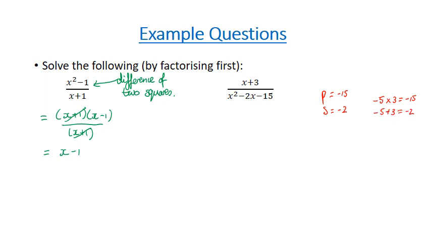Therefore, my numbers are minus 5 and plus 3. So I can rewrite this as x plus 3 over bracket x take 5, x plus 3. You can see that I can cancel off the x plus 3's, and that leaves me with 1 over x take 5 as my answer.